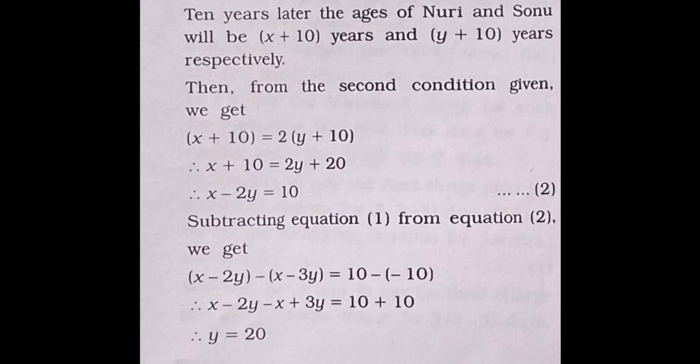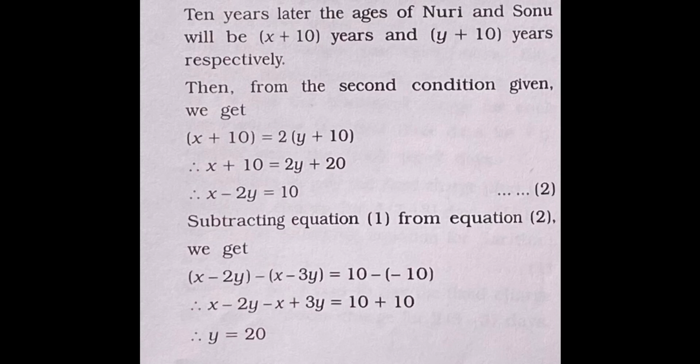In the second condition, their ages are compared after 10 years. So if the present age of Nuri is x years, then after 10 years her age will be x plus 10 years. And similarly, after 10 years the age of Sonu will be y plus 10 years.